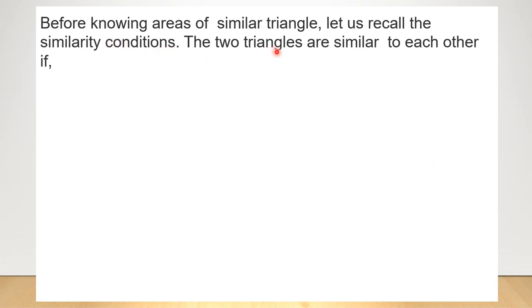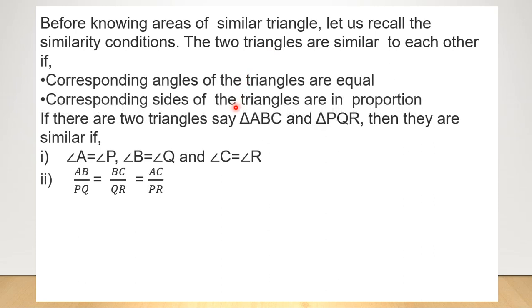So the two triangles are similar when corresponding angles of the triangles are equal and corresponding sides of the triangles are in proportion.